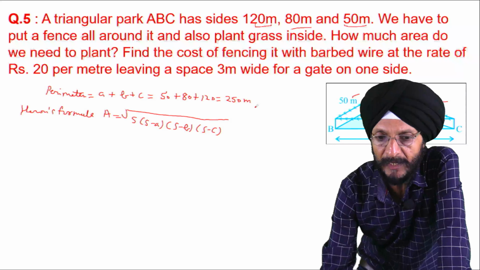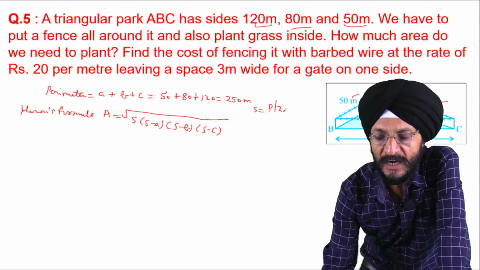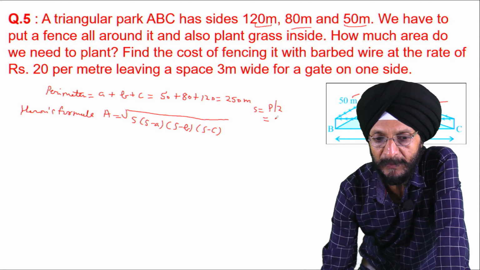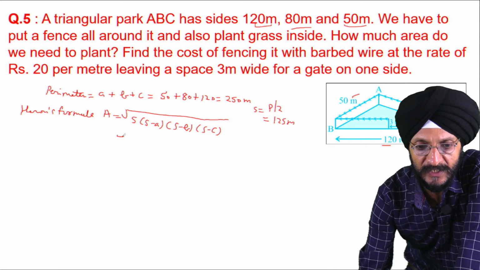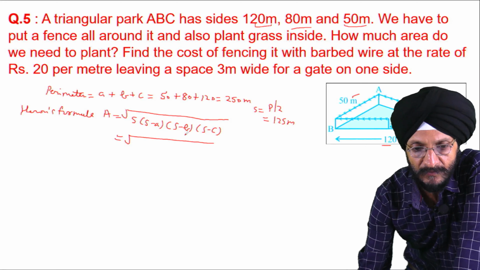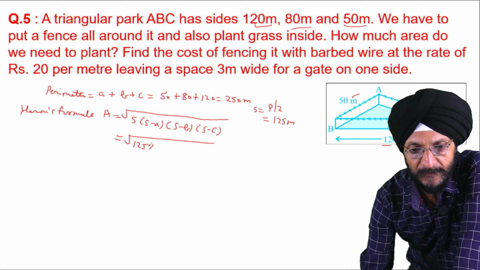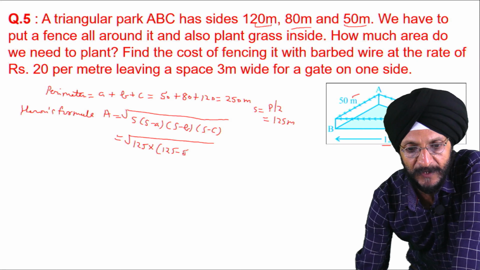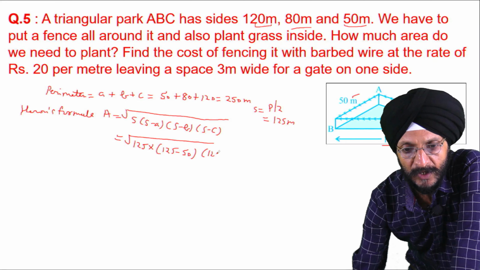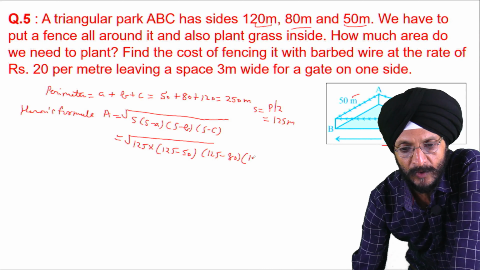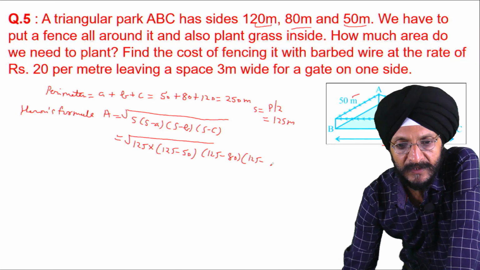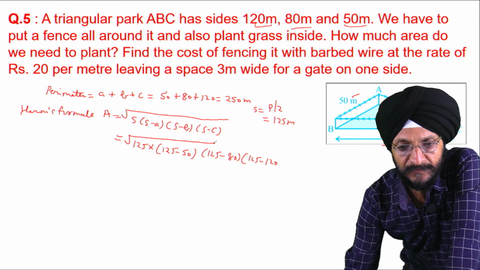S means semi-perimeter, which is half of the perimeter, so semi-perimeter is 125 meter. We will put in the relevant values: 125 into 125 minus 50, 125 minus 80, 125 minus 120.